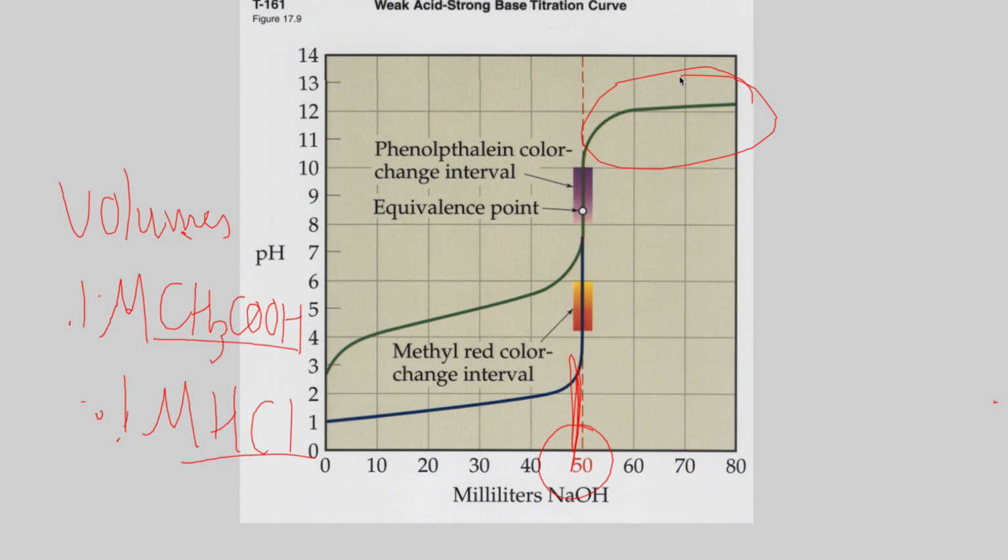Yes. Because eventually what's going to happen is, say for example, the sodium hydroxide is 0.1 molar sodium hydroxide, right? So as you're adding that sodium hydroxide into what is effectively water, you're diluting it, right? Because there's water there and you're adding the base. But eventually you could add so much base that the little bit of water that was there is just insignificant.